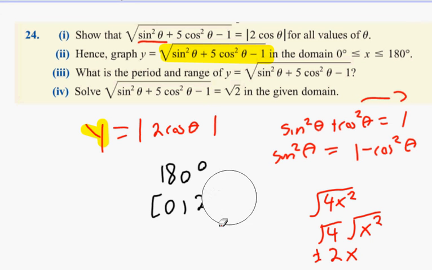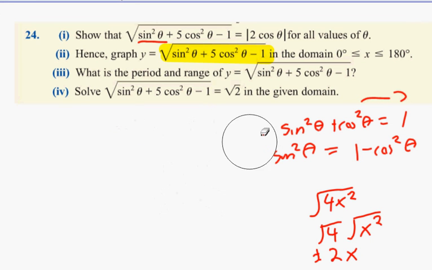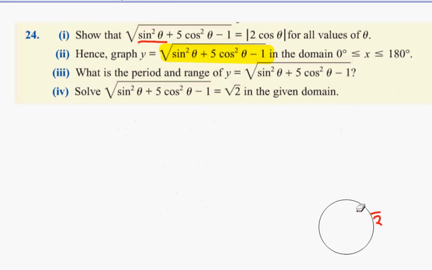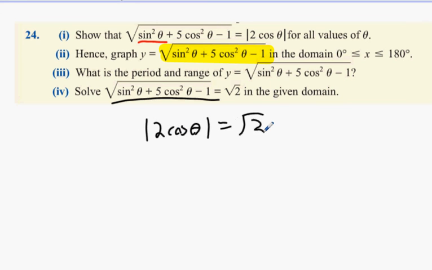Last question. Solve this equal to root 2 in the given domain. Well, what do we know this is equal to? Square both sides. 4 cos squared theta equals 2. Cos squared theta equals a half, yeah?